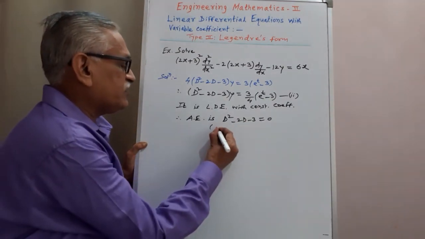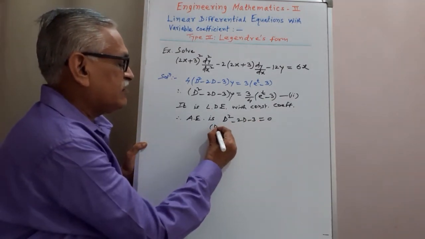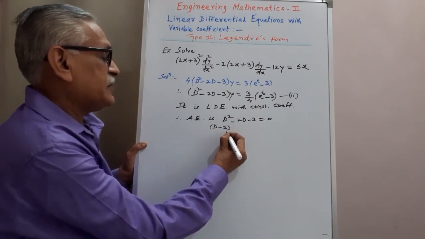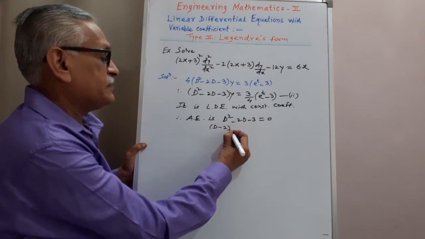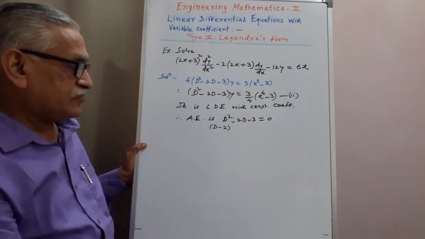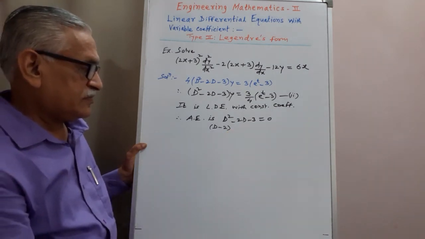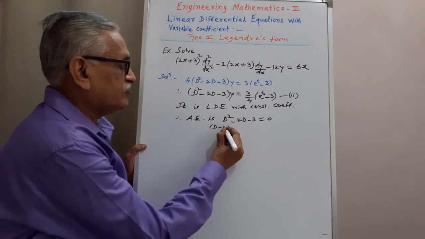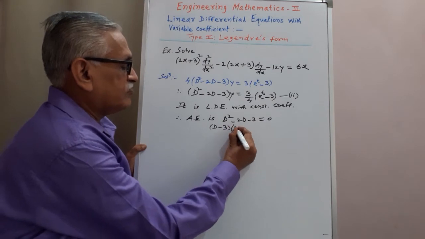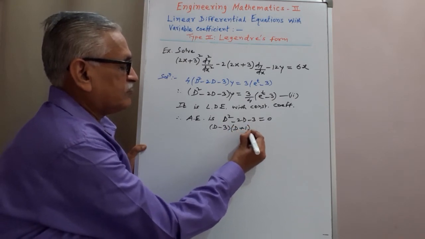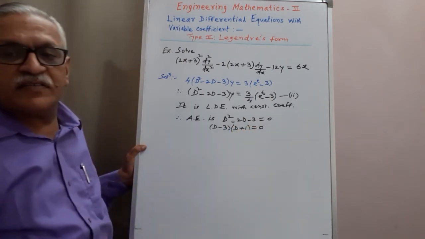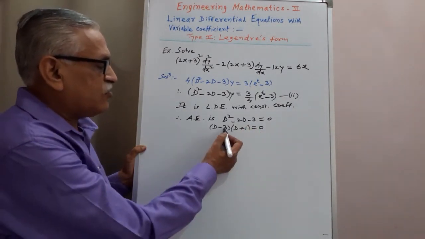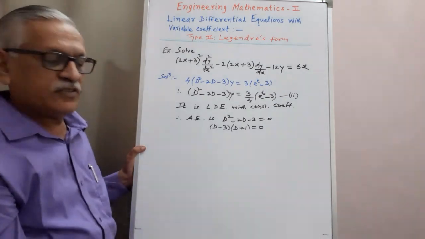Finding the factors of 3, they are D − 3 and D + 1, so that the product of these is −3 and the sum of these two terms is −2.